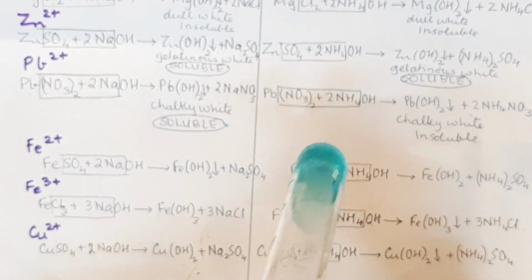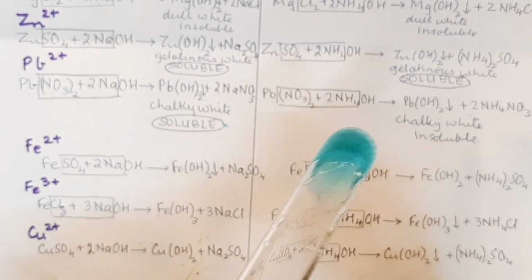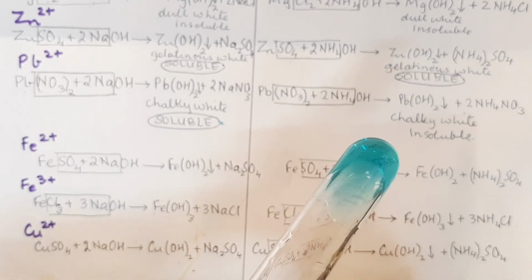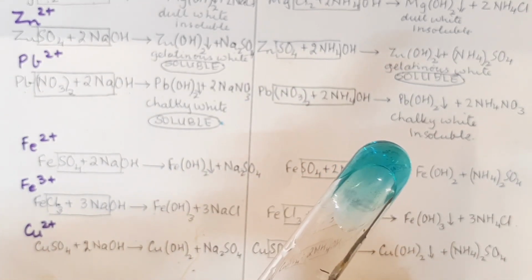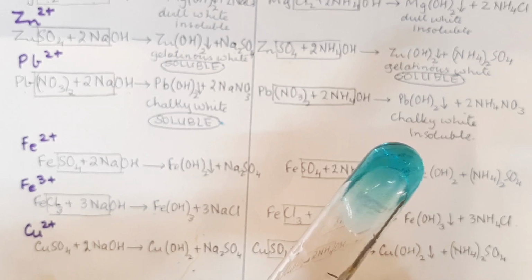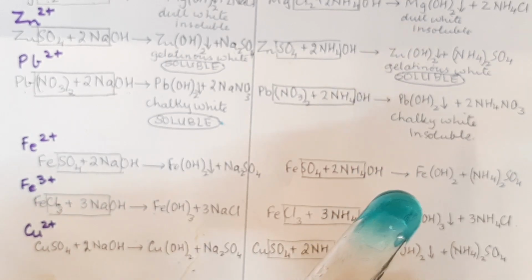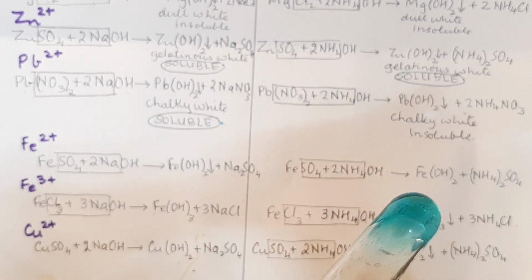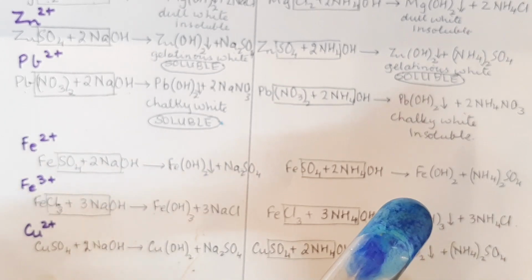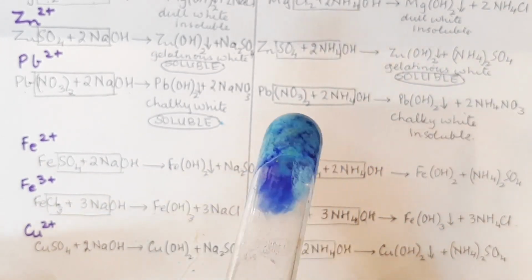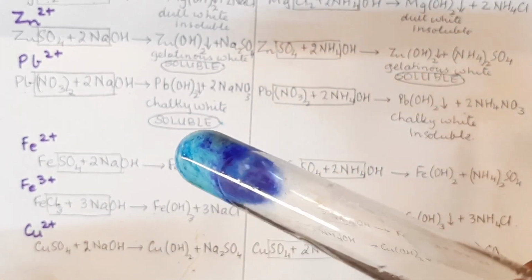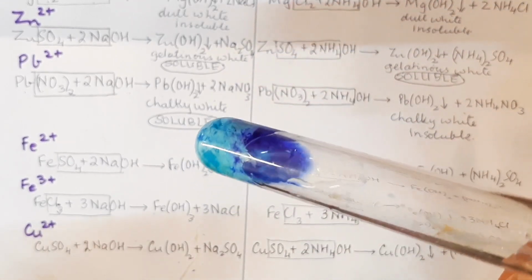Now here I have another test tube which has copper sulfate solution, and I'm adding ammonium hydroxide first in little. You can see it has formed pale blue precipitate. Can you see that?